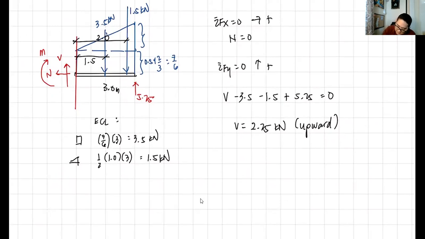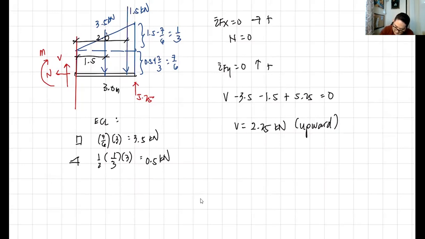So this should be 1.0 minus 1.5 minus 7/6. So 1.5 minus 7/6 is 1/3. So this should be 1/3, so its load should be just 0.5. So this should be 0.5 also.